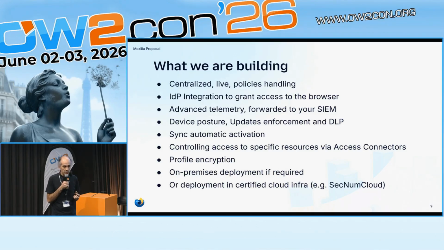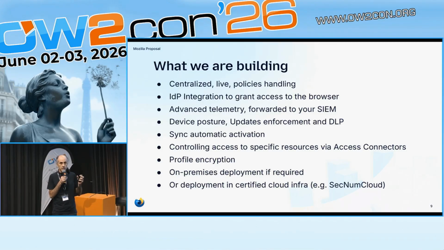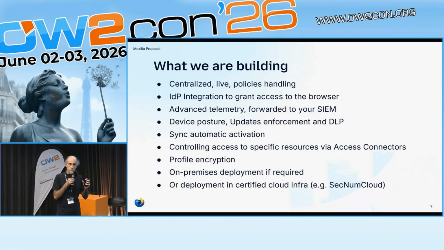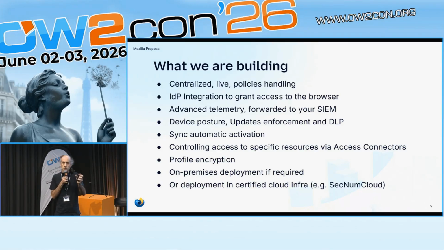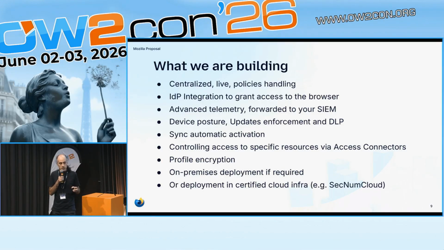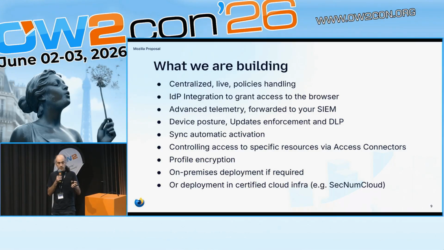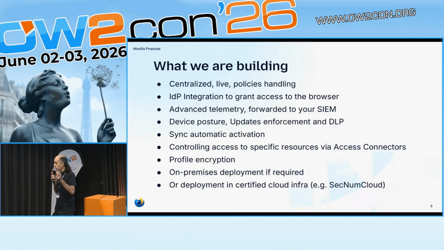We are integrating device posture to be able to control that the system is in a state that the console accepts. So you can, for example, enforce the fact that the browser is up to date to be able to connect. Or a feature that I have implemented: we are sending, for example, the LTE modem IMEI to the console.